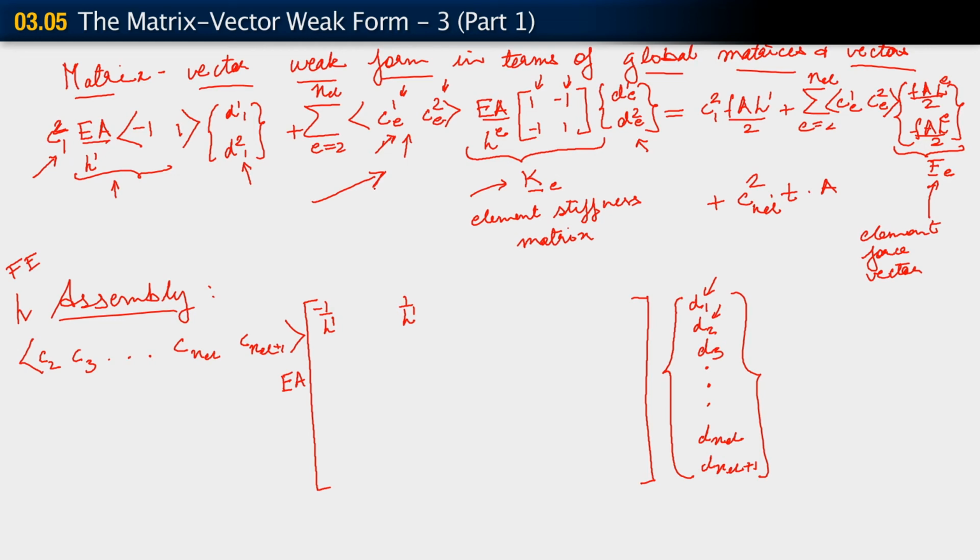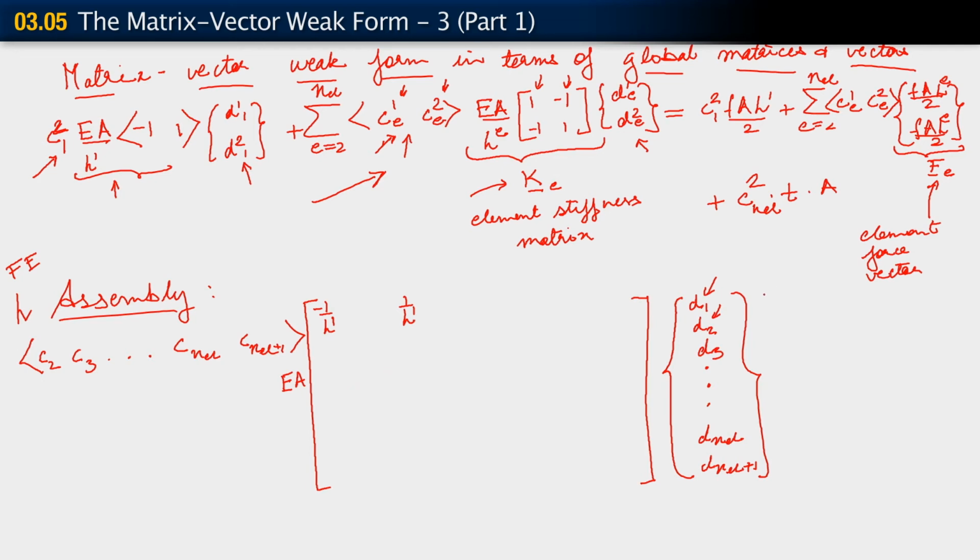This means that we're going to be again using rows 1 and 2 from this matrix.